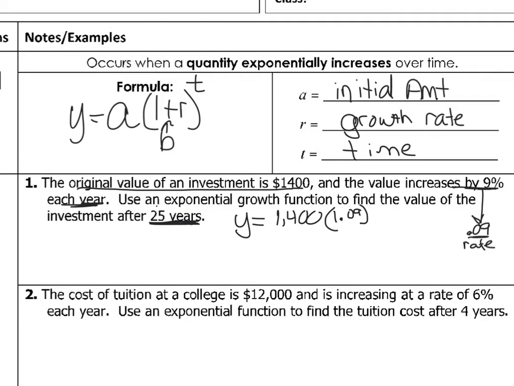And then we're going to put 25 here so we can find out what the investment is after 25 years. So if you plug this into your calculator, 1,400 times 1.09 to the 25th power, the investment is going to be $12,072.31.